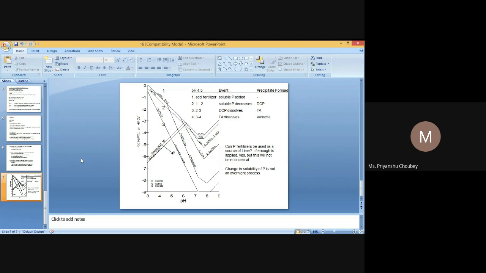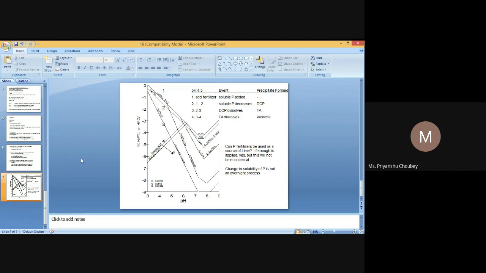Further, the bacterial polymerization of these organic acids produces a dark brown colloidal substance resistant to microbial attack, called humus. The whole process may take about a decade to complete.